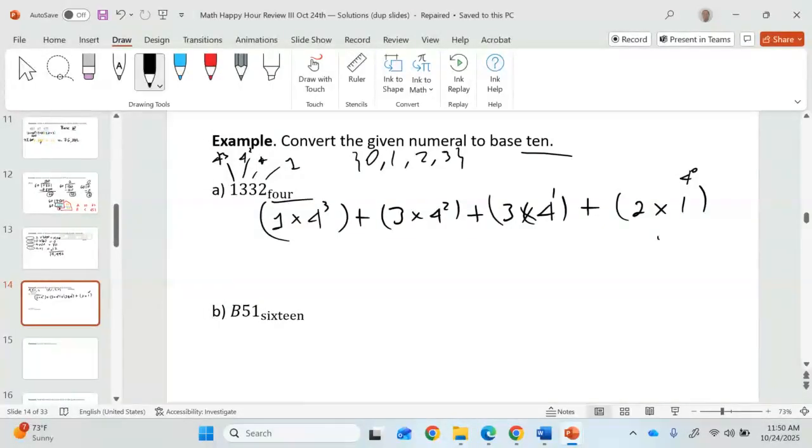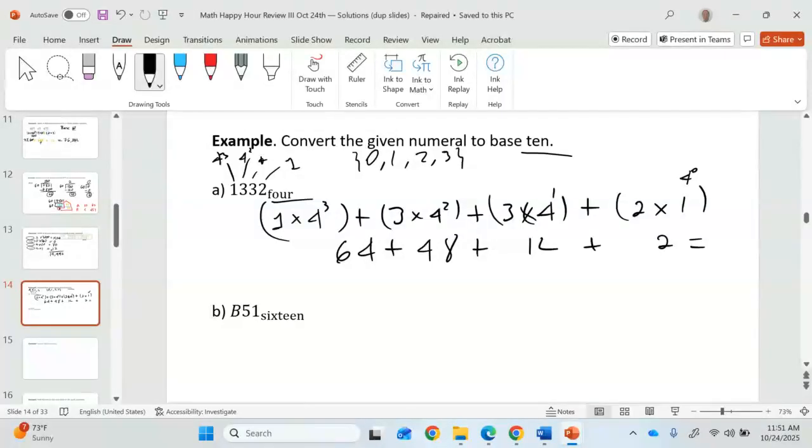And this is going to give me 2 plus 3 times 4 is 12. Remember to do the power. 16 times 3 is 48, I want to say. And then 4 to the power 3, this is 64.